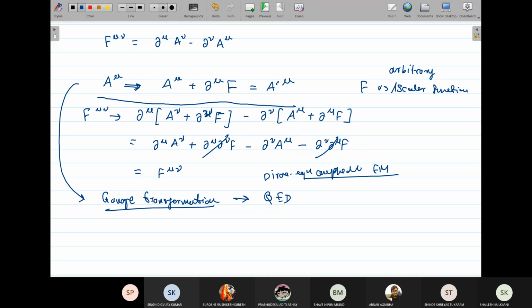Gauge transformations are the ones which change the potential by a gradient. This is called the four-gradient, the four-dimensional gradient. If I change the potentials by a four-gradient, then my electric and magnetic fields remain unchanged.